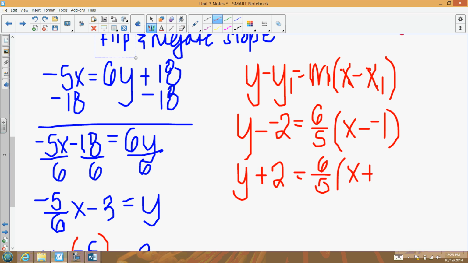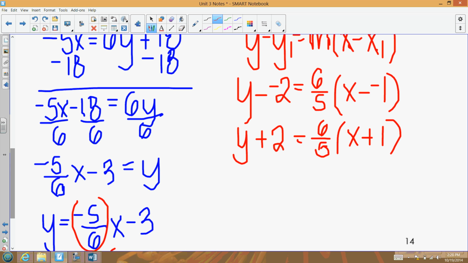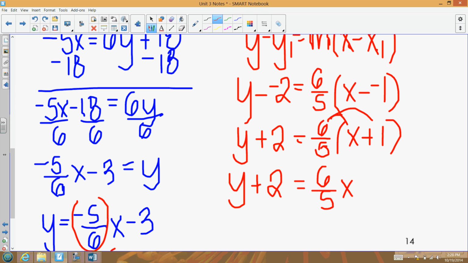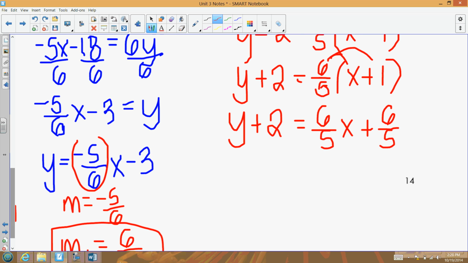Remember, you don't have to show this in between step. You could jump right to that. And then I'm going to distribute. So I have y plus 2 equals 6/5 x plus 6 over 5.